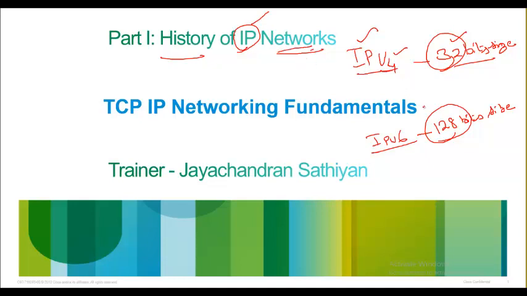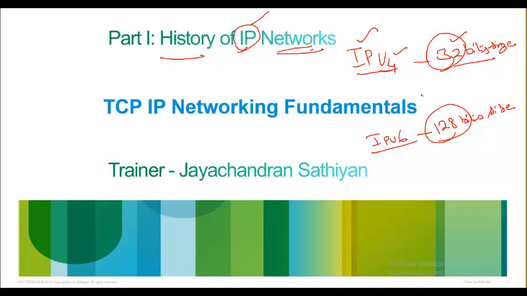This is a part of the history. In IP, we have an address to identify a device. And these addresses are of two versions, version 4 and version 6. Version 4 is only 32-bit size. Version 6 is 128-bit size.